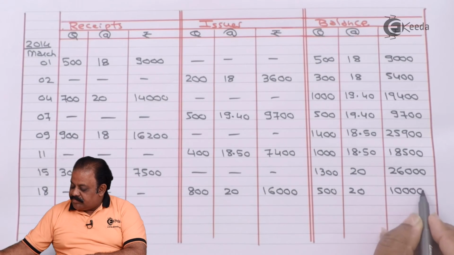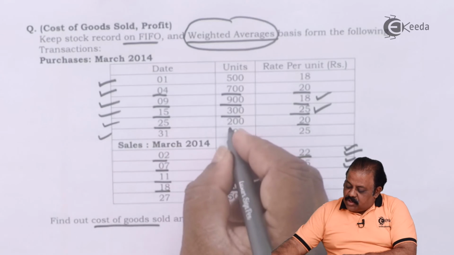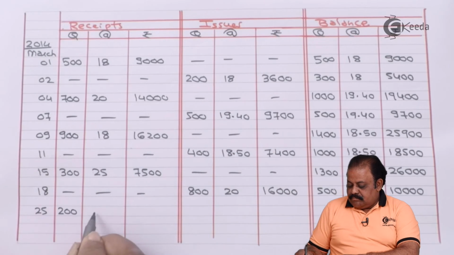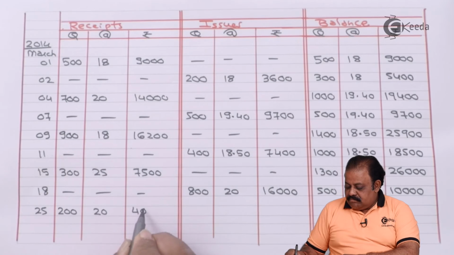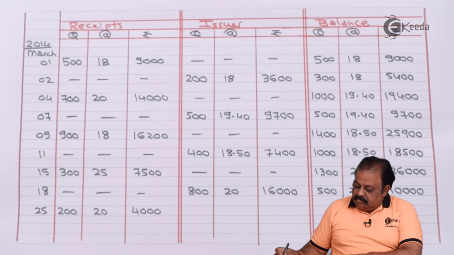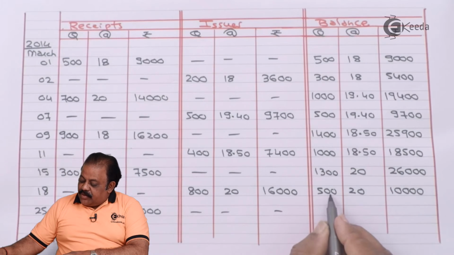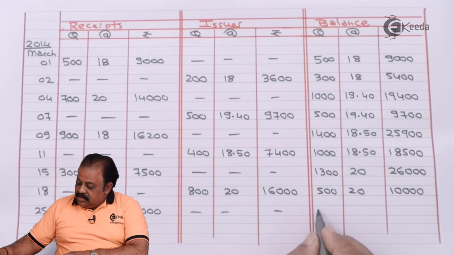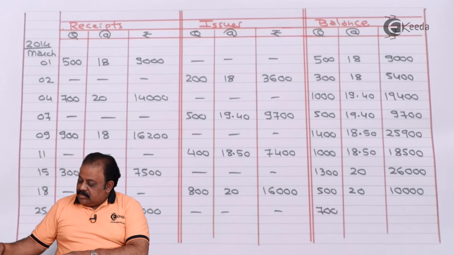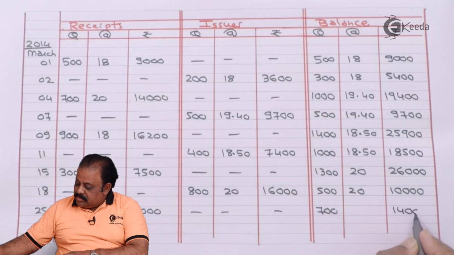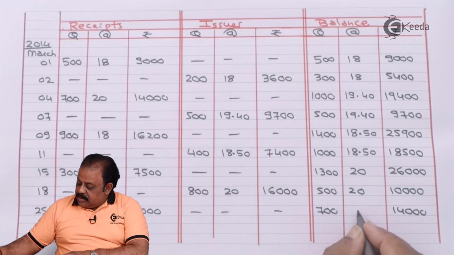Value 10,000. 25th there is purchase of 200 units at the rate of 20. It is 4,000. We had stock of 500 units. 500 plus 200 it will be 700 units. 10,000 value plus 4,000 will be 14,000. It will be 20 rupees.